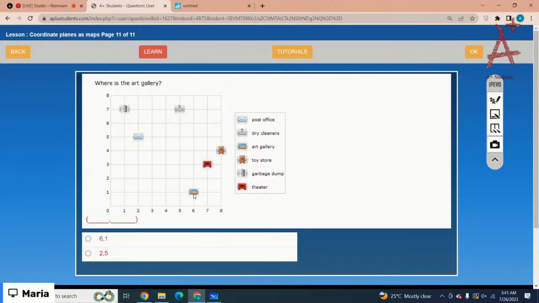Just look at the coordinates. The coordinates are 6 and 1. So the coordinates of the art gallery are 6 and 1.